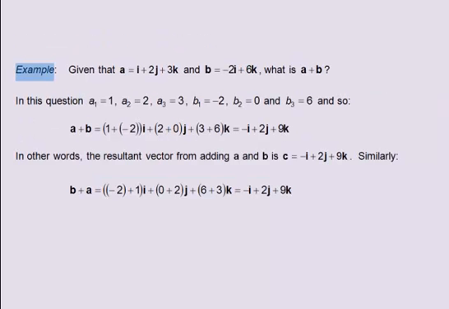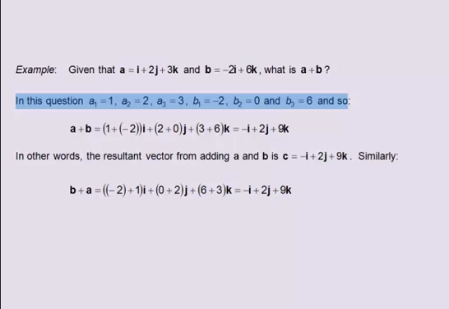Example: given that vector A equals i plus 2j plus 3k, and vector B equals minus 2i plus 6k, what is A plus B? In this question, A1 equals 1, A2 equals 2, A3 equals 3, B1 equals minus 2, B2 equals 0, and B3 equals 6.